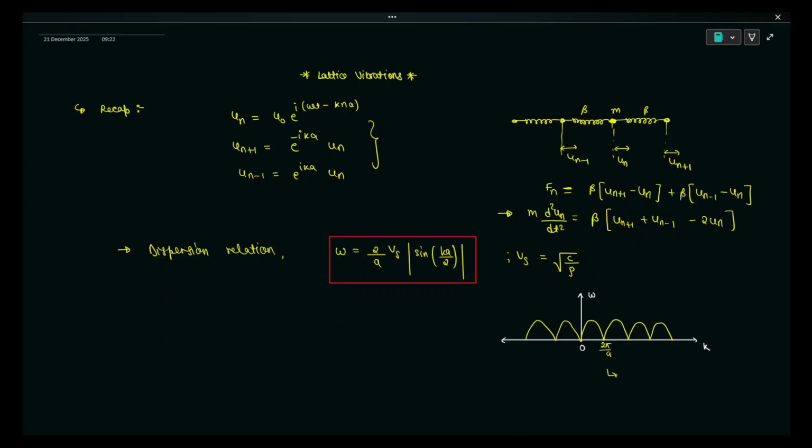This is the value corresponding to sine ka divided by 2 equal to 0.